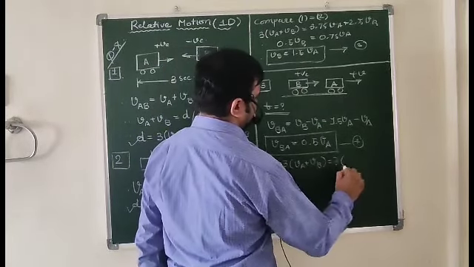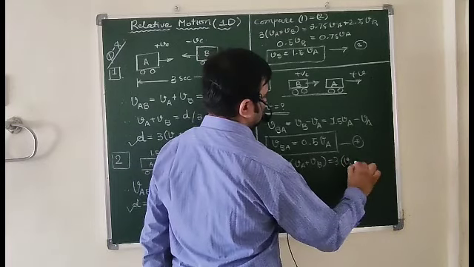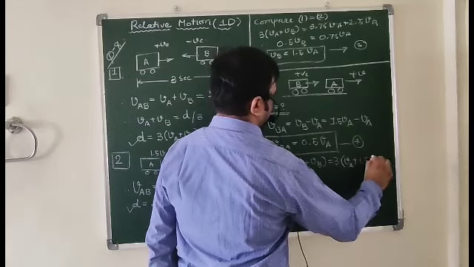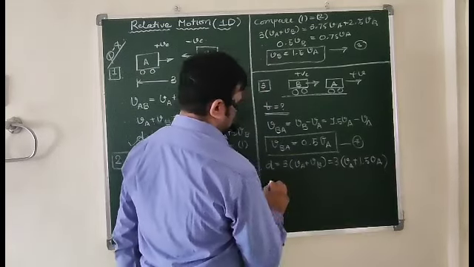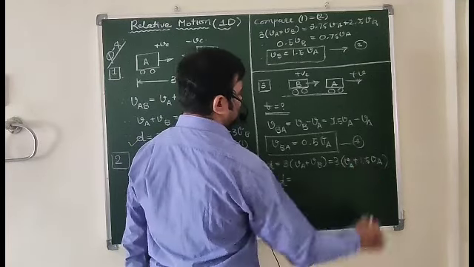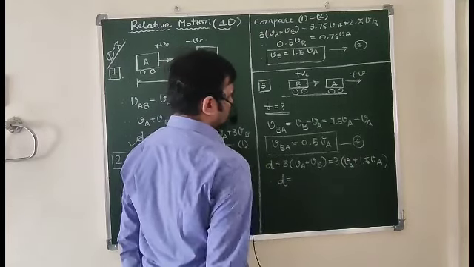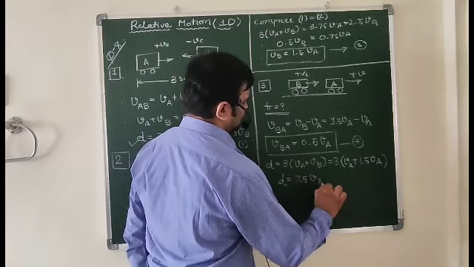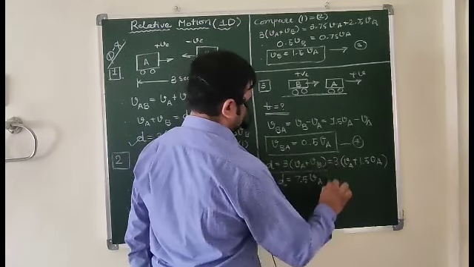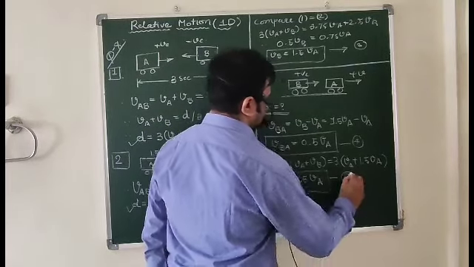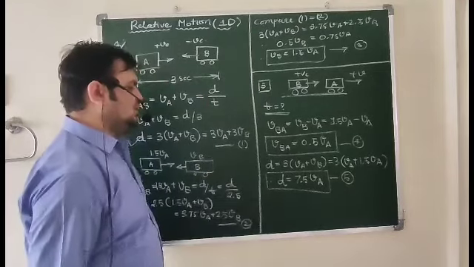So 3 (VA plus 1.5 VA). So the distance becomes 1 plus 1.5, 2.5 into 3, so 7.5 VA. So here both VBA and distance are in the expression of VA.